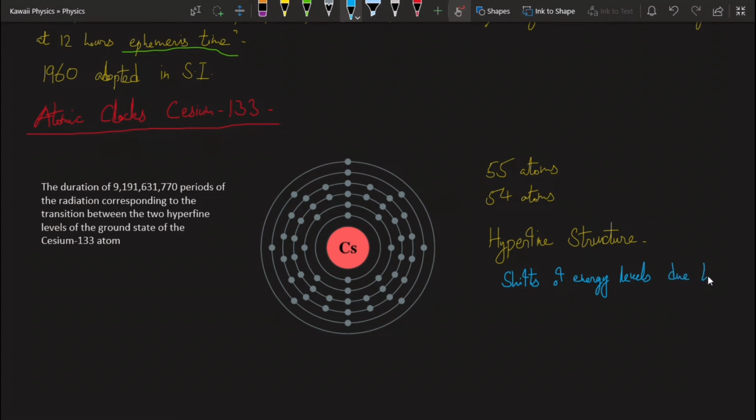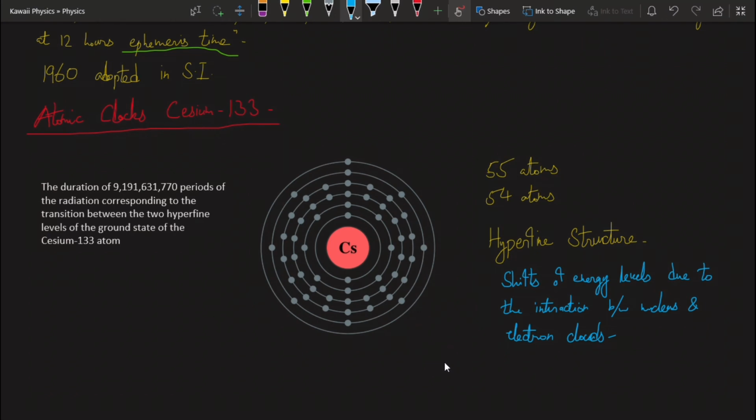Due to the interaction between nucleus and electron clouds. So hyperfine structure is basically the shifts of energy levels due to the interaction between the nucleus and electron clouds.